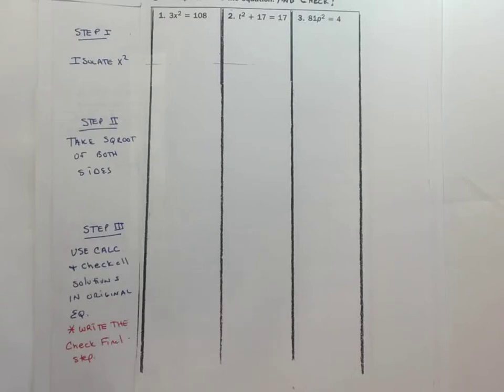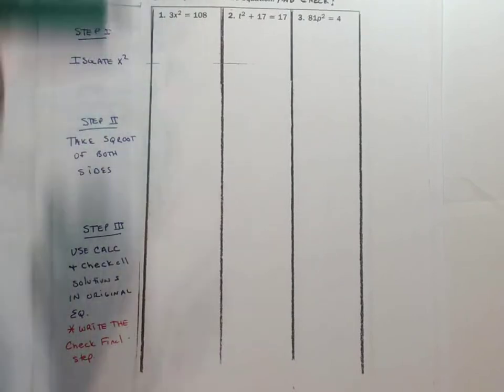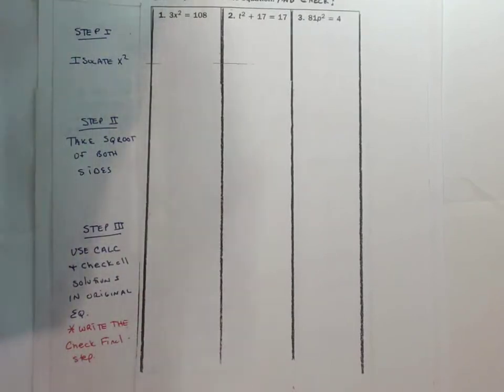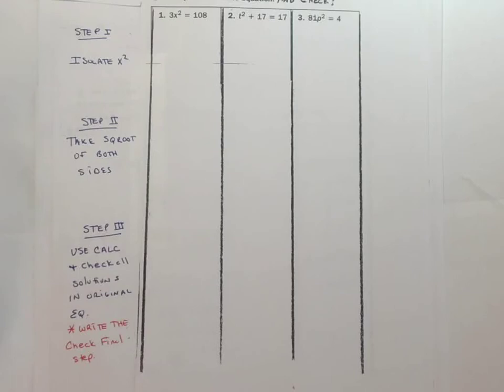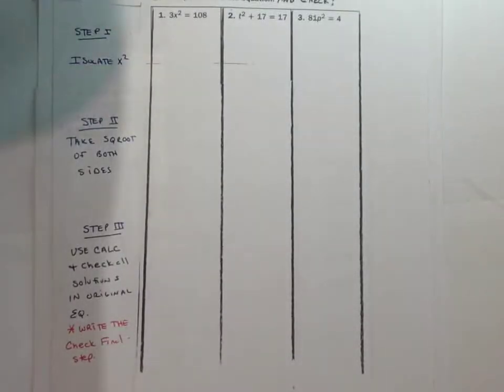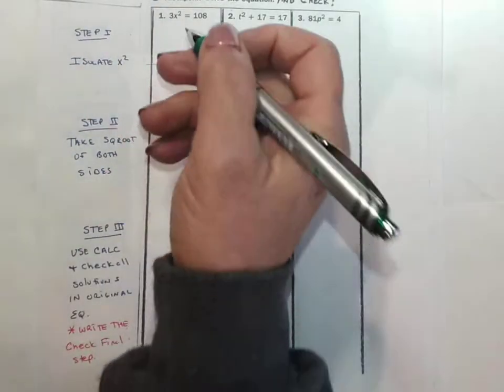And you should write the check for the final step to make sure that you've checked it. And you all know how to do that. So you can pause this, and I'm going to do these problems. And then you can come back and see how you did.